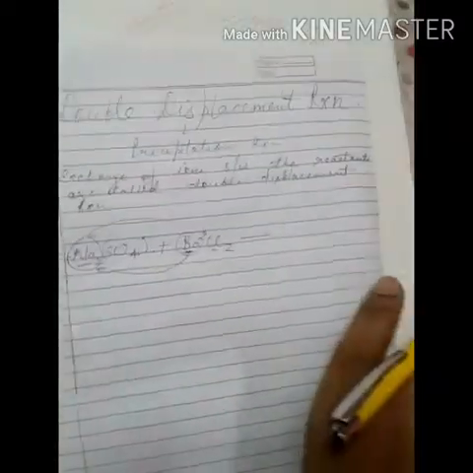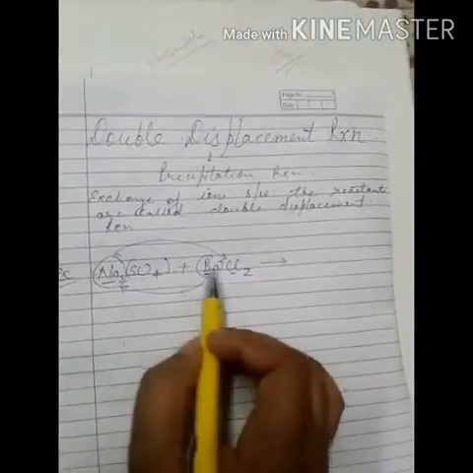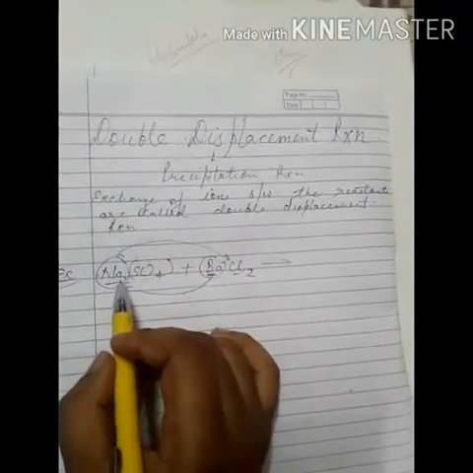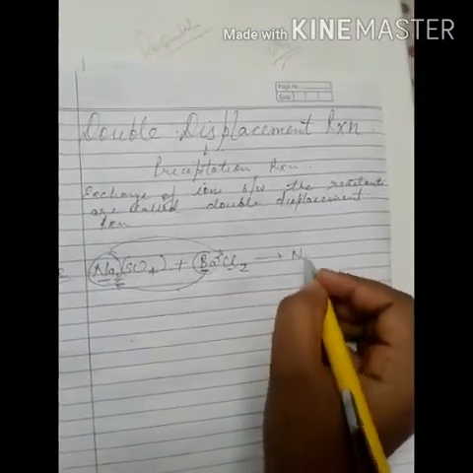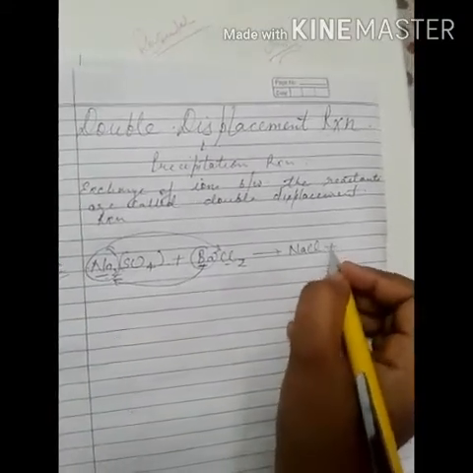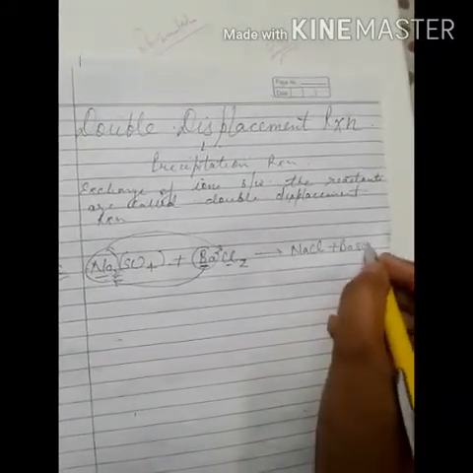So now let us form the product. Usually the cation part, meaning the positive part, is displacing. So sodium is going over there, sodium and chlorine are going to give you sodium chloride, that is NaCl, plus barium sulfate, BaSO4.